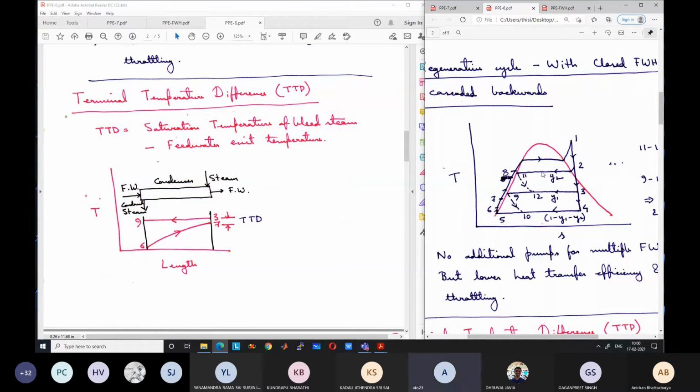T11 minus T8. You were correct in the first answer. It is T11 minus T8, as marked above. Correct. The definition says the saturation temperature of bleed steam minus the feed water exit temperature. So the saturation temperature is T11 and the feed water exit temperature is T8. So it is T11 minus T8.